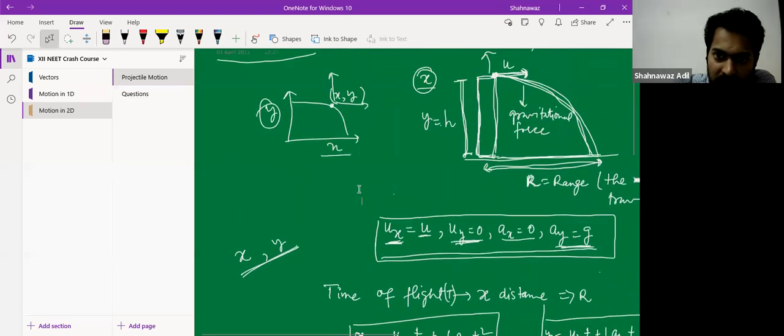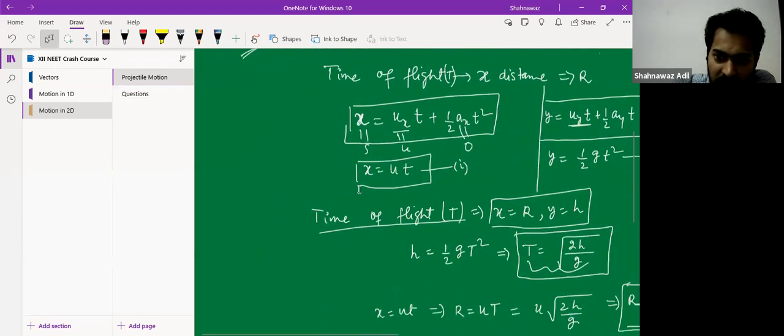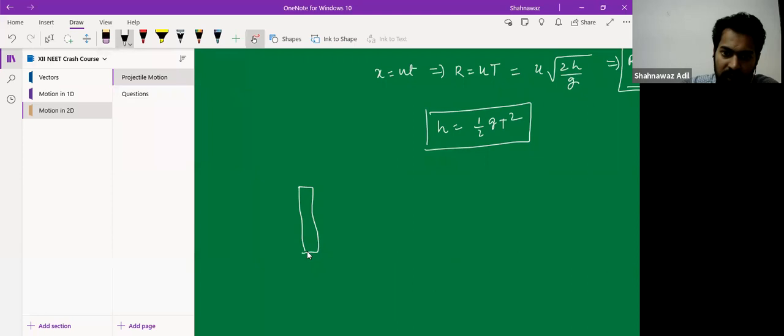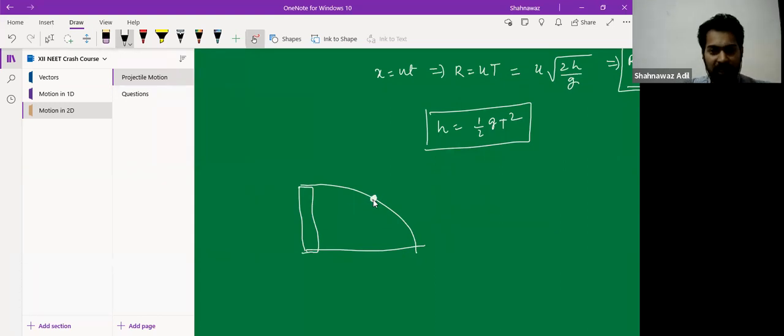So let's say you want to calculate the velocity, so let's say you are in the middle. You want to calculate the velocity at this point, the position, the velocity, all the other physical parameters at this point.